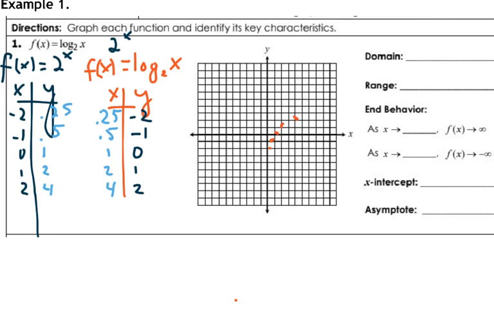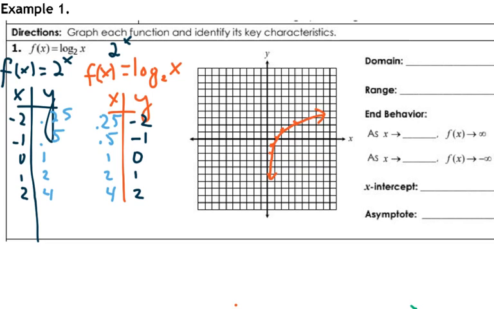Let's take a look here on the right. We have to get the domain, and I know the domain, my x values, can be all real numbers greater than 0. So I have x greater than 0. The y values, or the range, can be all real numbers. As x approaches positive infinity, f of x is also approaching positive infinity.